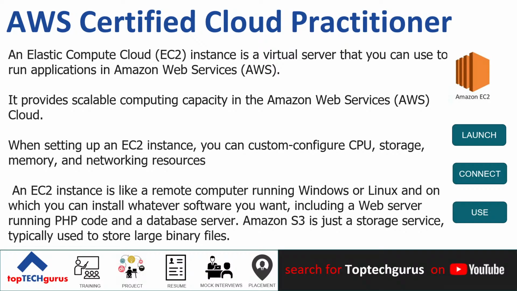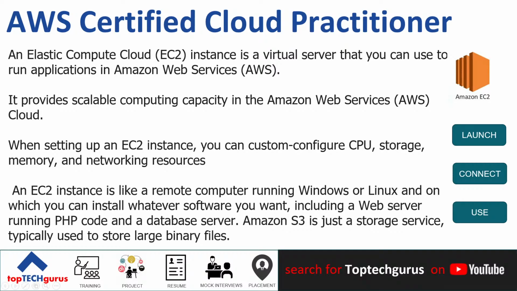If it's going to be a global audience, we'll have to open up to all the ports. If it's just your company using it, then you open up only to your company's IP addresses, and then you have to custom configure the networking resources. So a lot of custom configuration is required, but this is very similar to what you would do when you set up your own on-premises network, on-premises server, and on-premises storage.